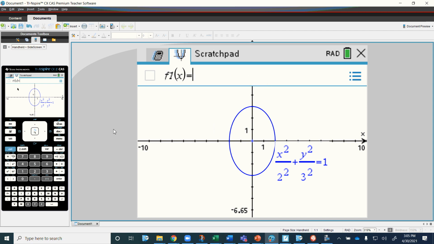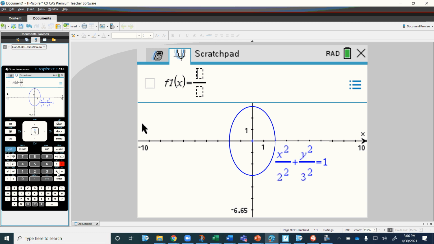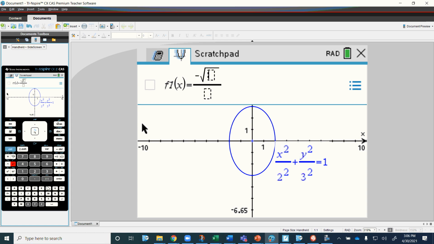So we wound up with a negative square root of 3 over 2 for the slope times x minus 1 and plus 3 radical 3 over 2.